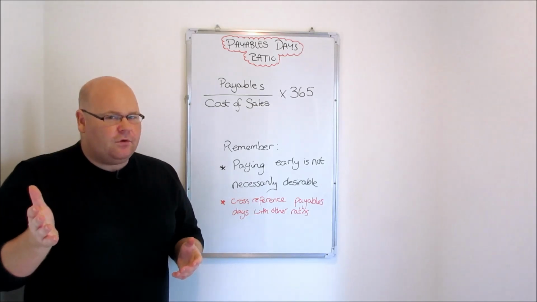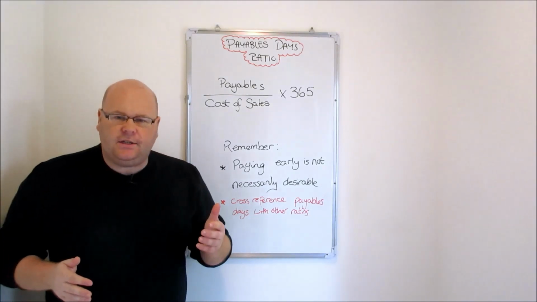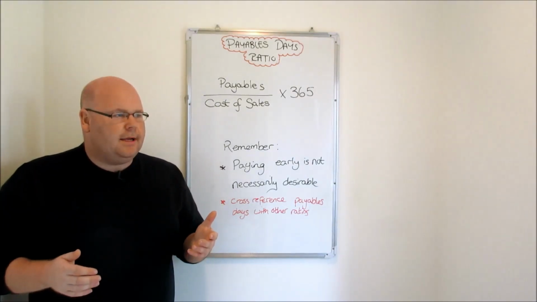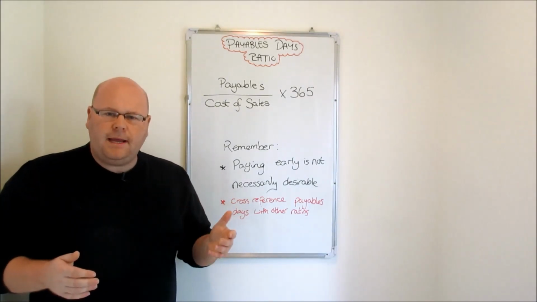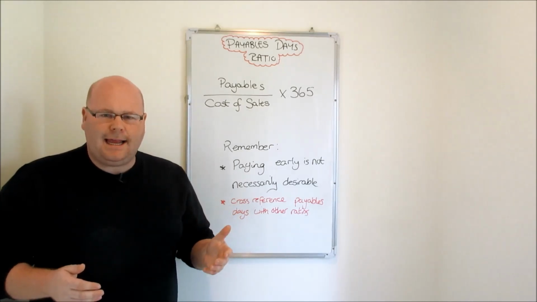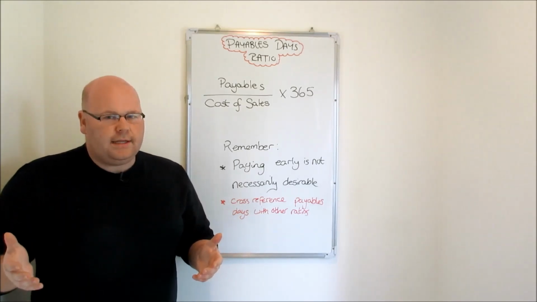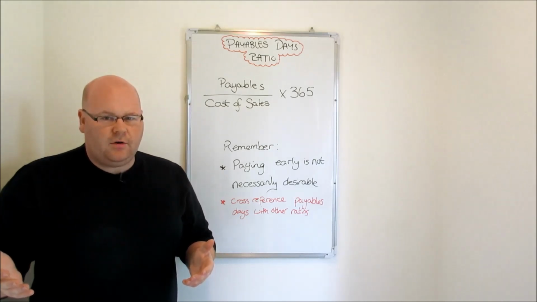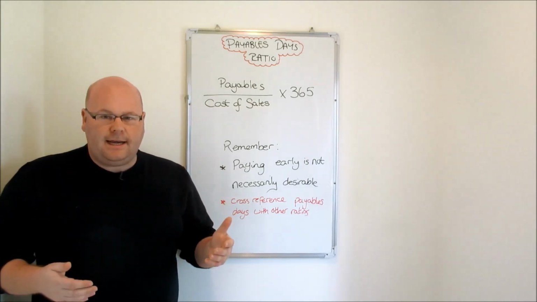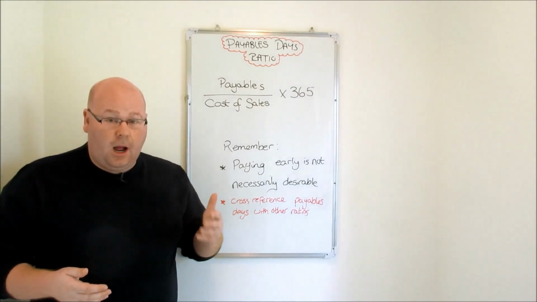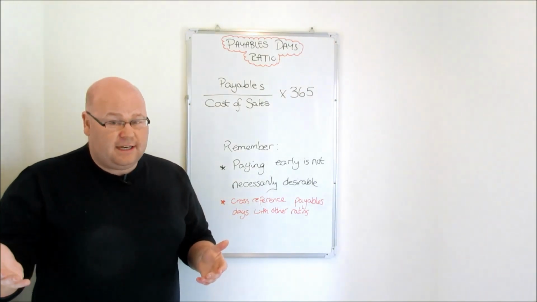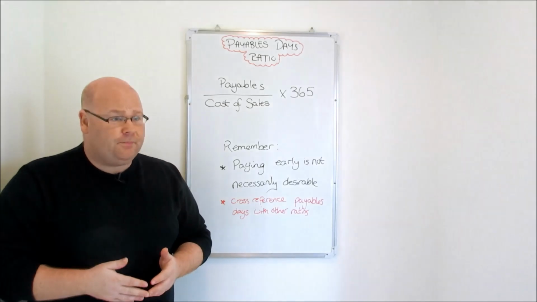That's an important thing for an organization for a couple of different reasons. First of all, if you've been offered trade credit by your suppliers, but then when it comes to paying up, you're consistently paying late, then there are some consequences to that. Chiefly, you're unlikely to be continued to offer trade credit. So your firm might find that it has to start paying for its inventory up front because it has a bad reputation with suppliers who don't trust it enough to offer it trade credit anymore.